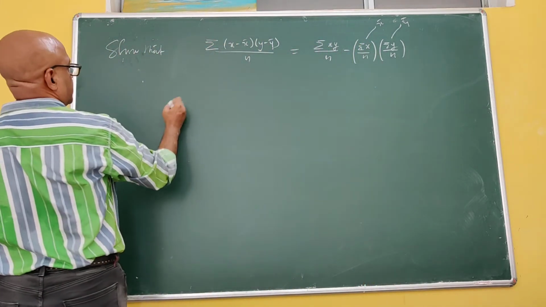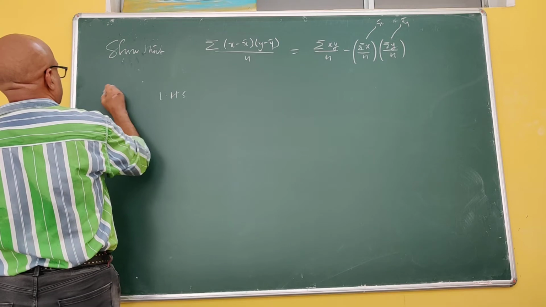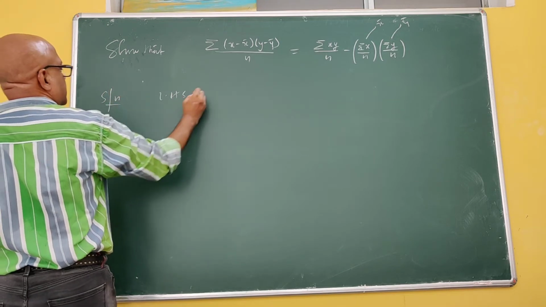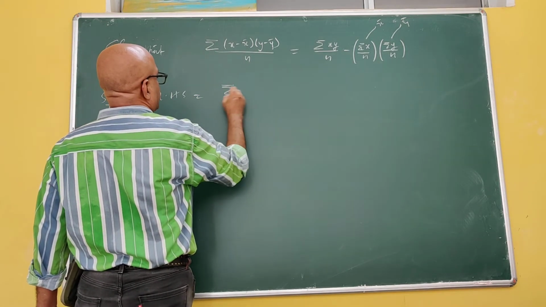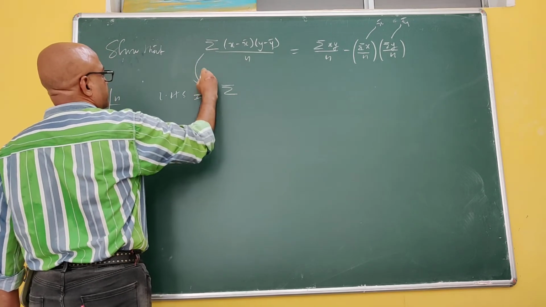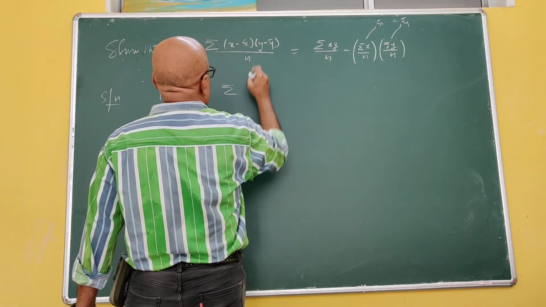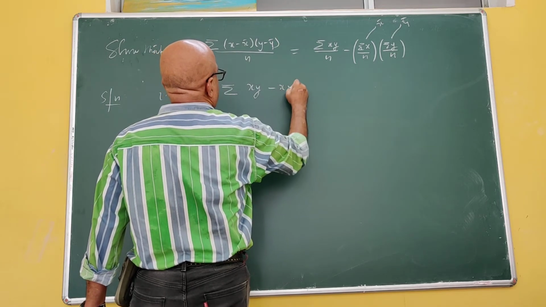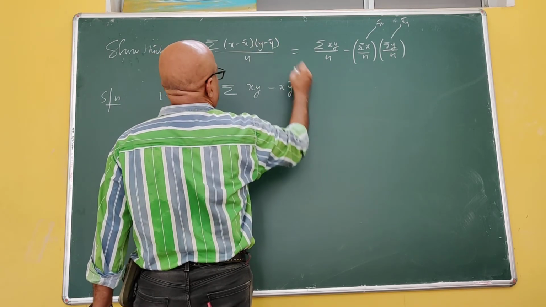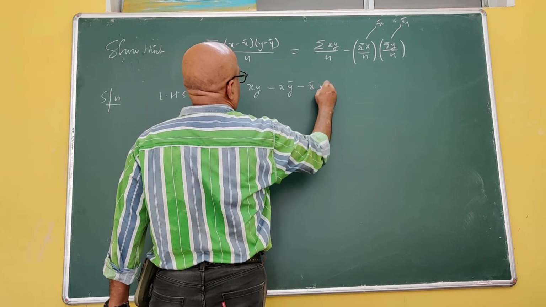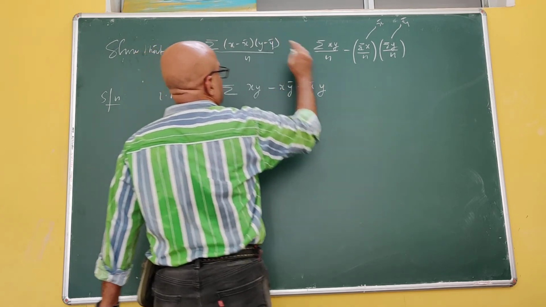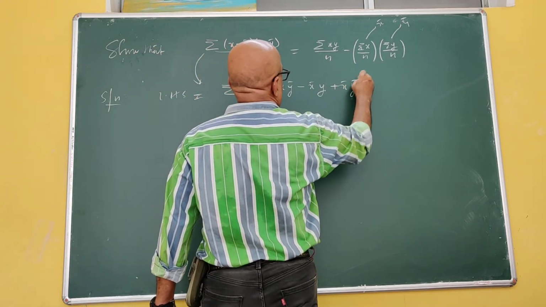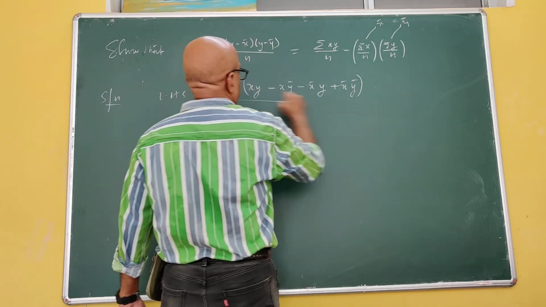You take the left hand side. When you multiply, you get xy, minus x times y bar, minus x bar times y, plus x bar y bar, the whole thing divided by n.